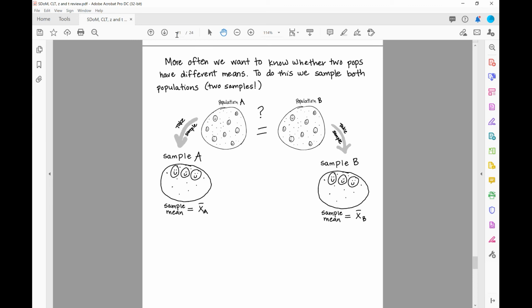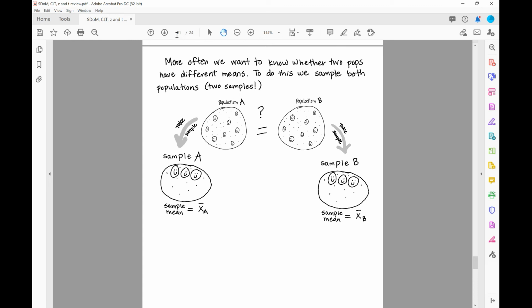That's a way of seeing whether the program really worked. If it worked, you expect the ones who got the program to do better, to have a higher mean in however you're measuring their reading. So that's more typically the kind of question that we ask in research. Are these groups the same or are they different?